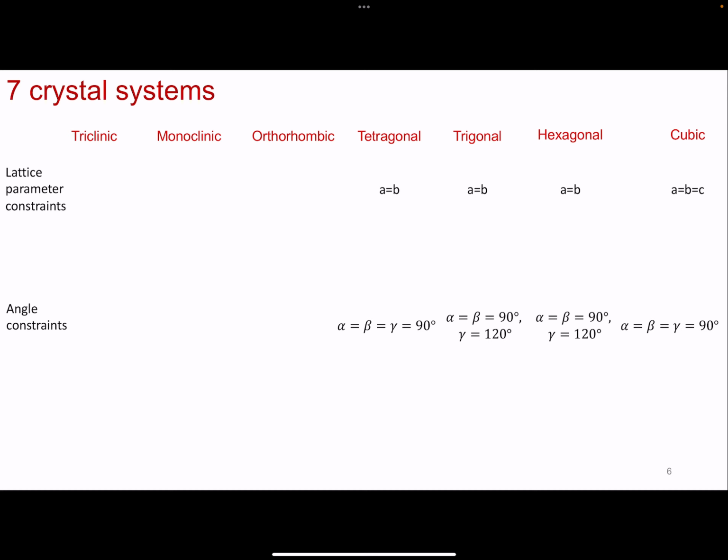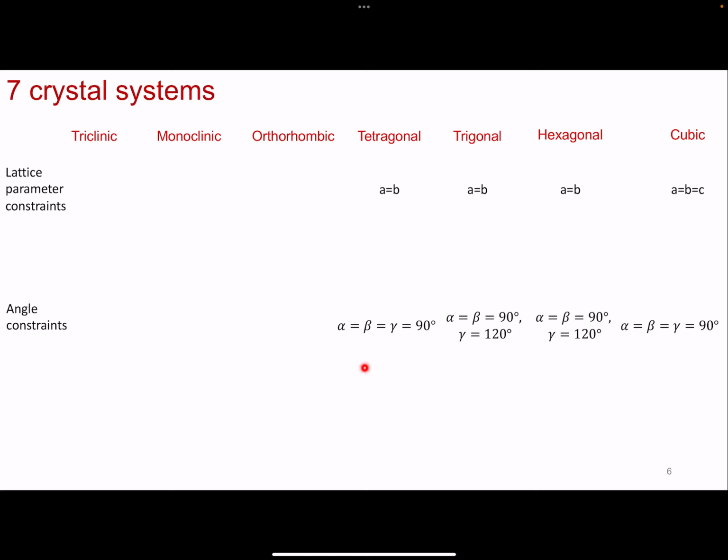So here we can say, well, if A is equal to B, and C would be different by presumption since it's not listed here, then that would satisfy the constraints of a tetragonal crystal system. For orthorhombic, A would have to be different from B and C. And then triclinic, A, B, C are also different.